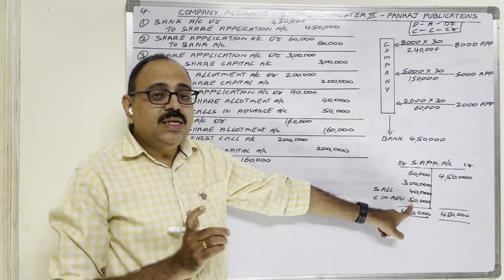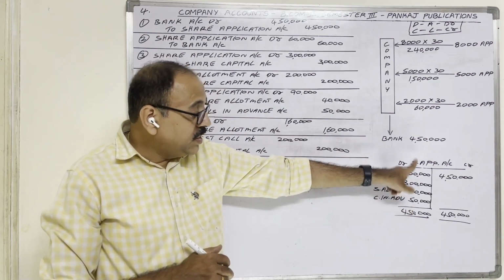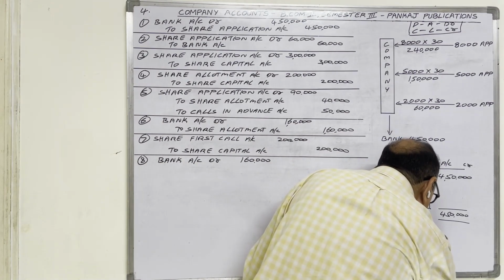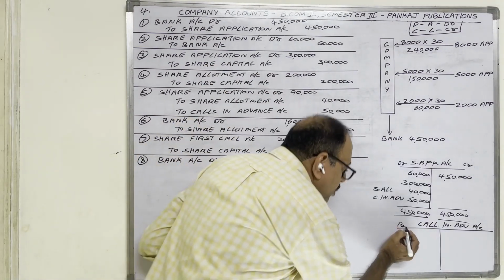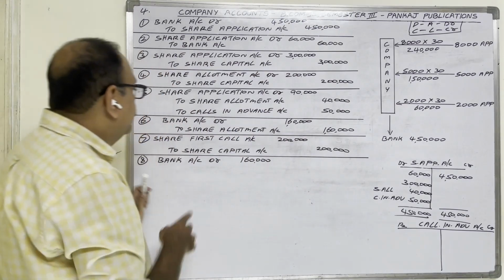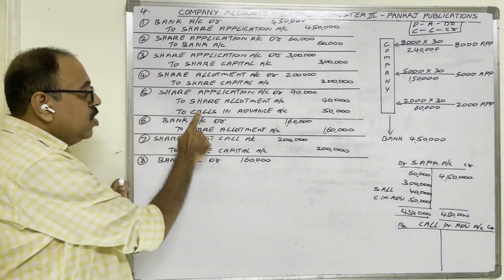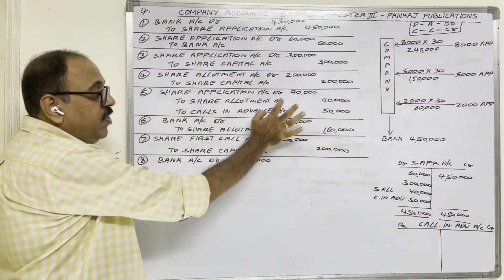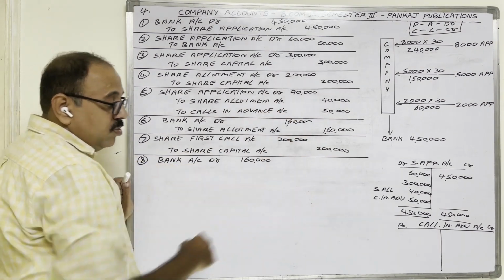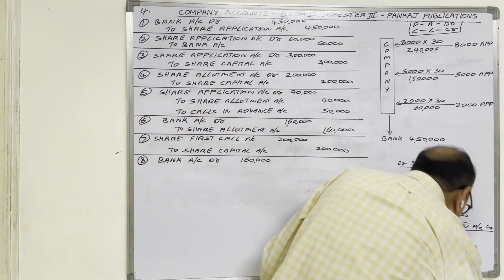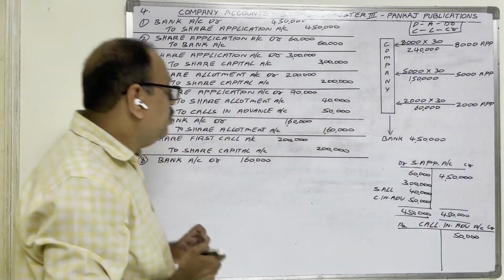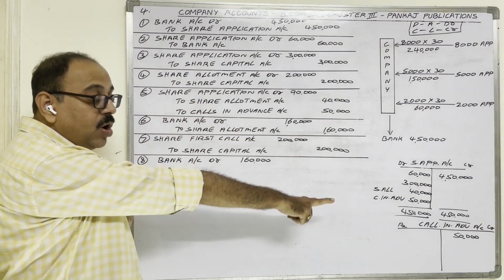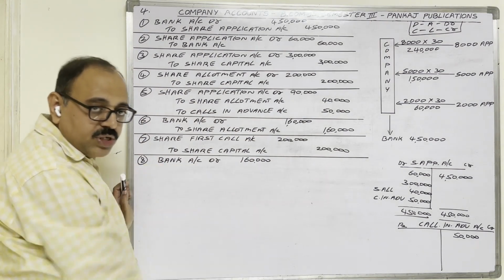So to understand this point in detail, like share application account, I will show you calls in advance account also. Debit side, credit side. See this fifth entry. Calls in advance account is created with 50,000. When you post this entry in that account, credit side 50,000 will be there now. So after the fifth entry, there is a credit balance in calls in advance account, 50,000.